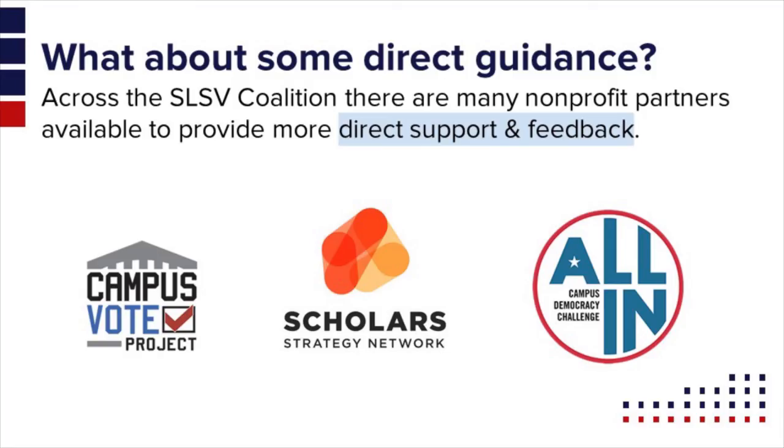And both of these programs have lots of action plans from other institutions that they make available that you can look to so you can see what your peer institutions are doing and try to one-up them. Additionally, if you need direct guidance on how to put together action plans, we also recommend working with the Campus Vote Project, the Scholar Strategy Network, the All-in-Campus Democracy Challenge, and many of the other Students Learn, Students Vote Coalition partners.